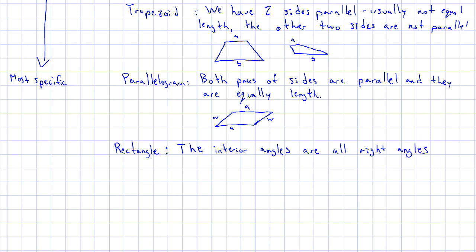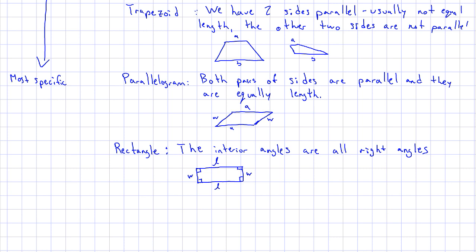So I have two parallel pairs of sides, top and bottom, left and right, but I can't kind of squish it. I can't slide it, right? The parallelogram is slanted, but I can't do that with the rectangle because all of the four interior angles have to be right angles. So if this is the length, I have the same length on the bottom, and the width here and the width here. So the opposite sides are both parallel and they have equal length and all of the interior angles are right angles.